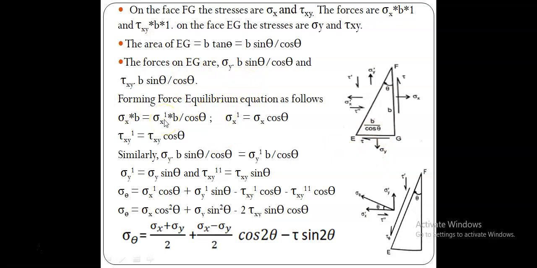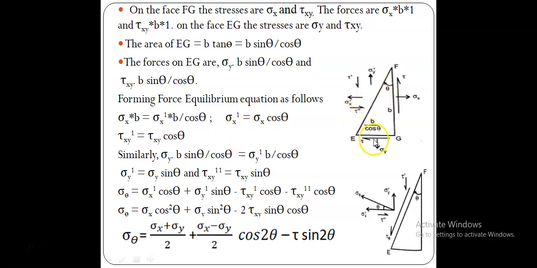Now, forming the force equilibrium equation, we equate these with respect to the inclined plane. As we have already discussed, the direct stress sigma x gives its effect on the inclined plane as sigma x dash, and tau xy gives an effect on the inclined plane as tau xy dash.